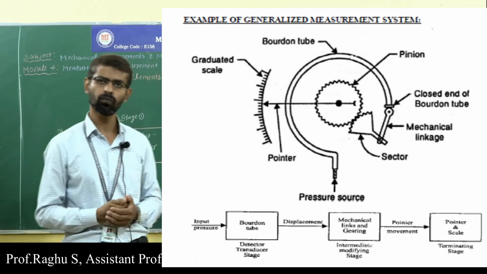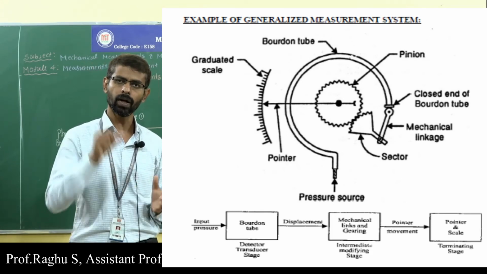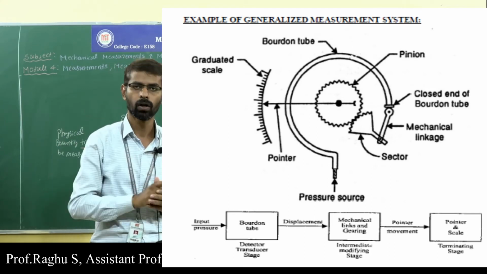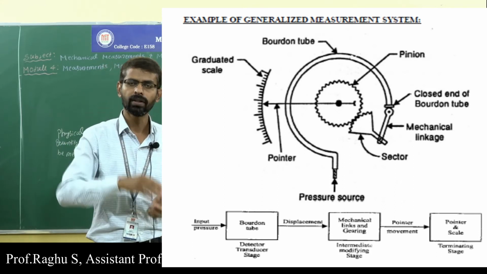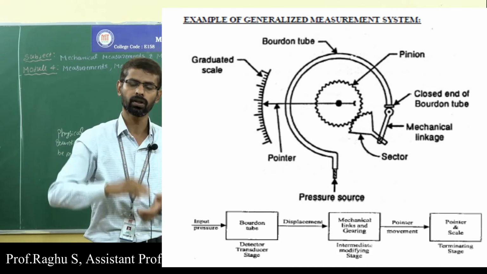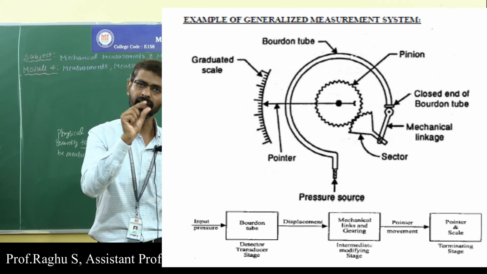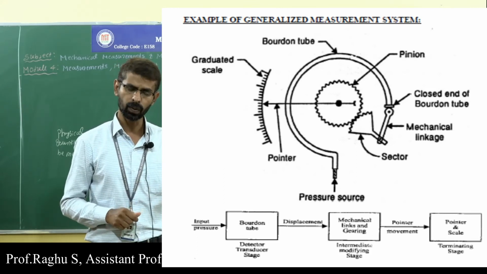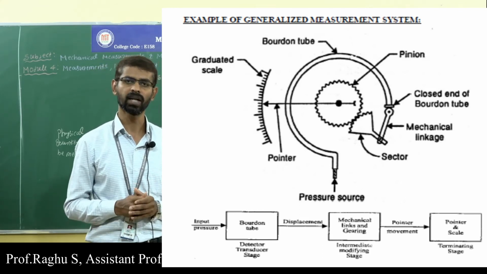Now let us discuss the function. In the Bourdon tube pressure gauge, the pressure to be measured is applied to the C tube. When we apply pressure to the Bourdon tube, the tube tends to straighten out. Hence we observe a small mechanical displacement at the free end. That small mechanical displacement is amplified by using mechanical links and gears.